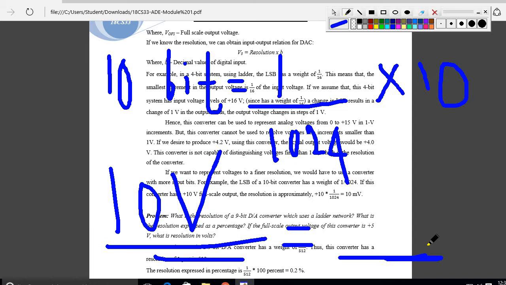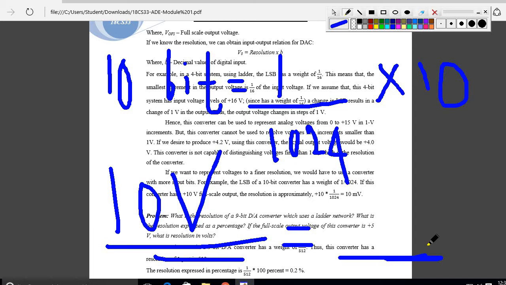In this way you have to find it for whatever DAC bit size it is: 1 over 2 to the N bits. So you have to remember that for 4-bit the weight is 1/16, and for 10-bit it is 1/1024. Depending on the full scale, you have to multiply by the full scale voltage.